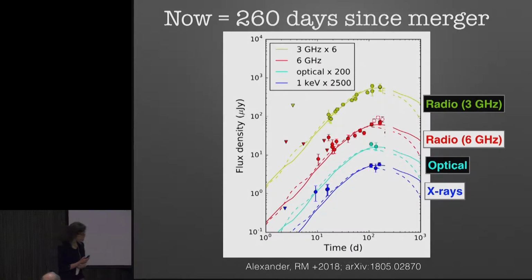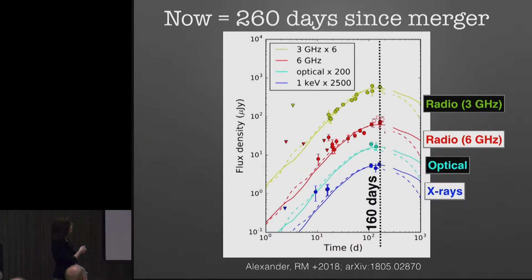So here is how it looks right now. Now it's 260 days after the merger, and this is our latest epoch before now. And I know that you're dying to know what is going on right now, and this is what is happening. We had a decrease in the X-rays, and optical is also consistent with that, and radio.